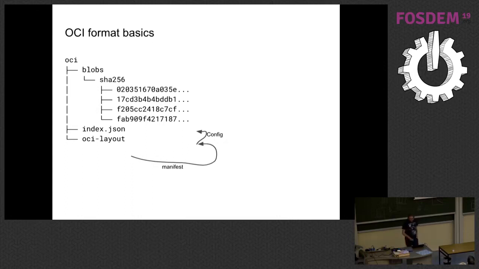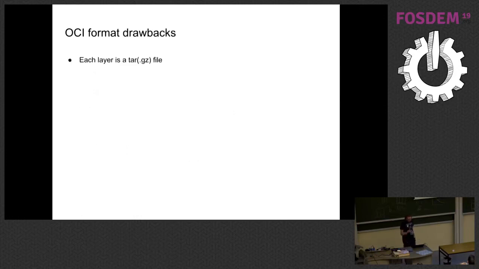And then there's the two layers, which are the actual bits on the disk in the container image. In particular, each layer is a tar, or optionally a gzip compressed tar file. And the image is basically made up of these sets of manifests, config, and layers.